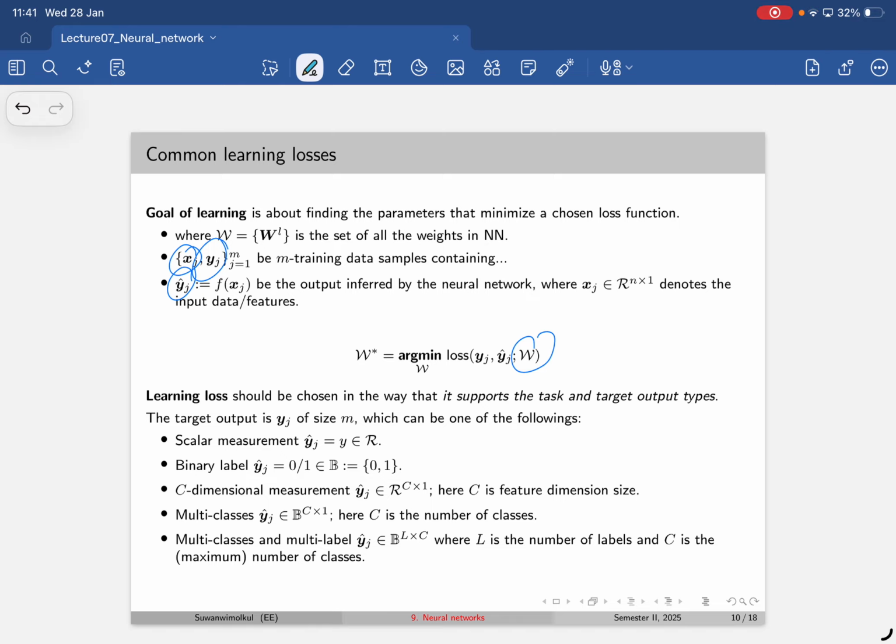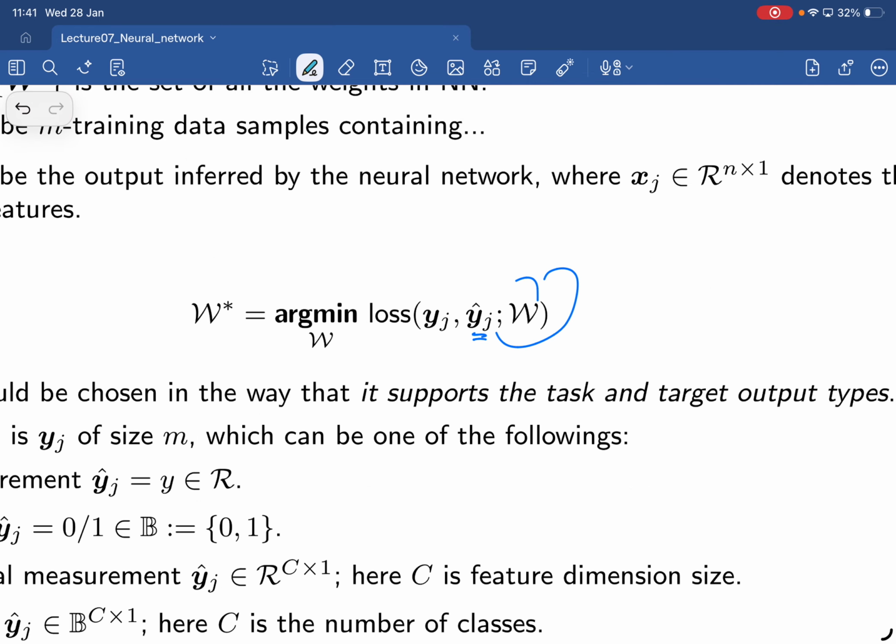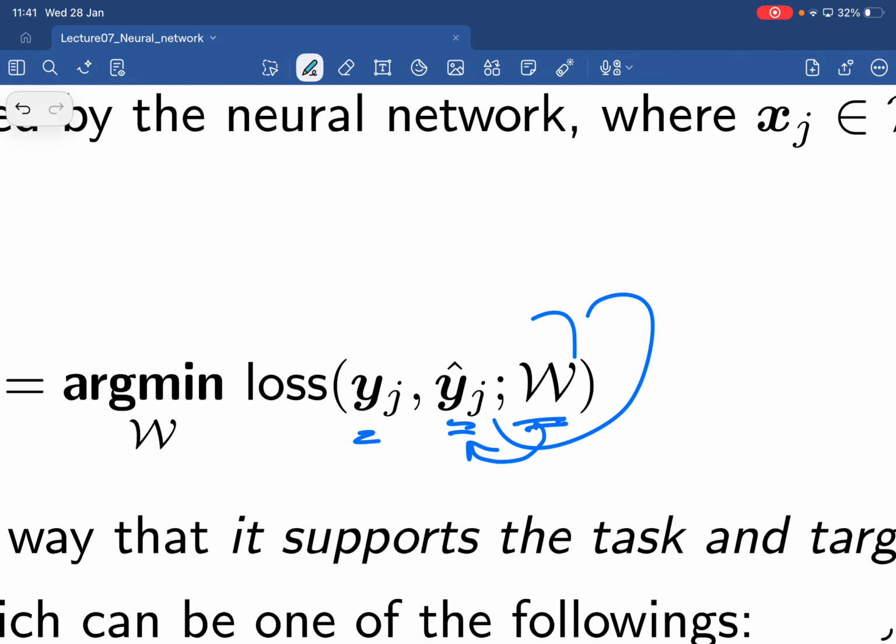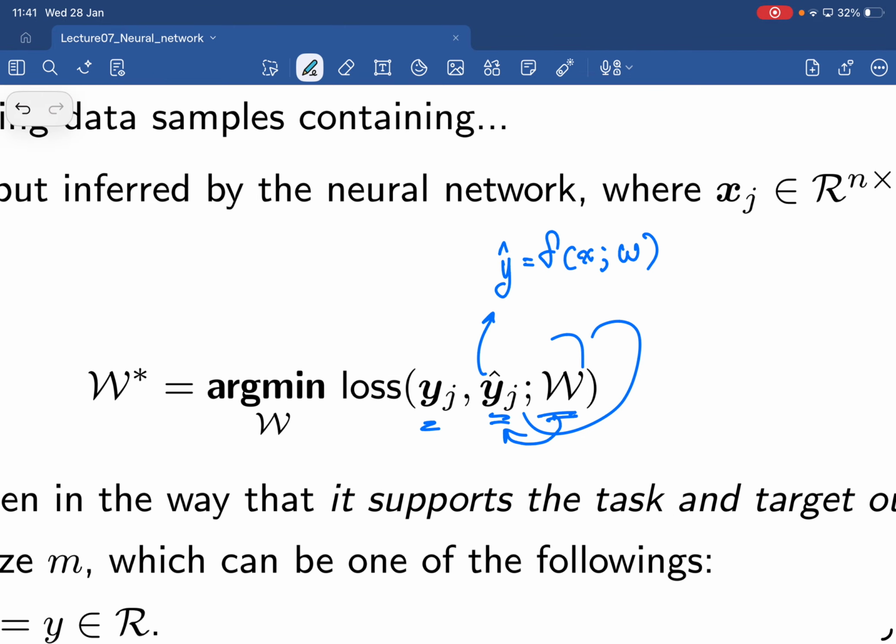Usually, your loss function involves trying to optimize model parameters such that it gives you Y hat close to Y. That is a generic formulation. I didn't write this explicitly, but just know that Y hat is equal to f(X). So somehow X is in the loss function already, but it's embedded in the Y hat.